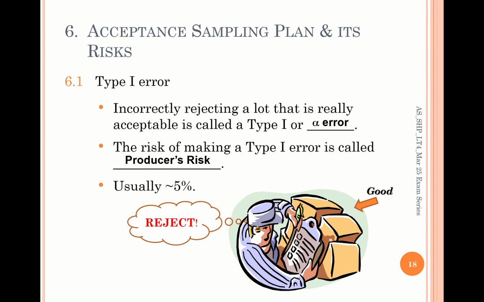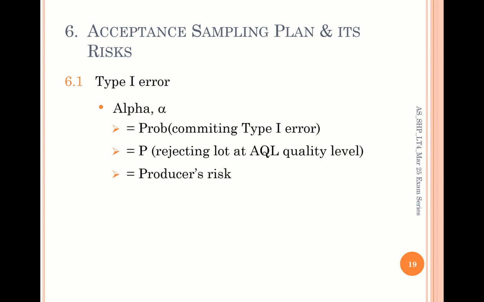When they reject the whole lot, they lose money, but actually the rest of the product is good. This risk falls on the producer or manufacturer. Usually there is about a 5% chance they reject lots that are actually good. You cannot remove this risk. It's always there. Some people express the percentage as a probability.